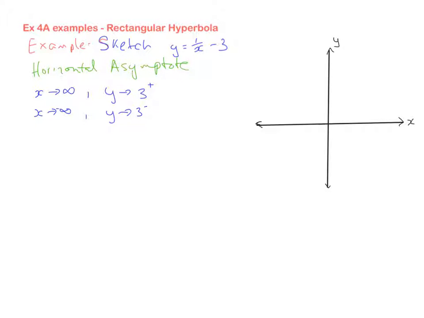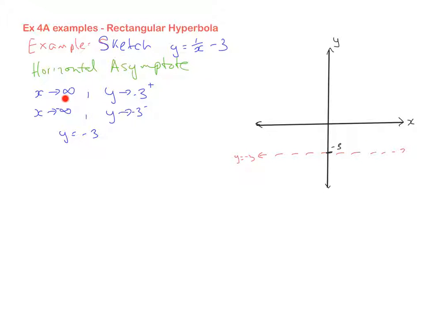So that means our horizontal asymptote is going to be y equals, oops, forgot that, negative 3. So there we go. So we've got our y asymptote. Now I'm going to just pause it and I'll draw in my asymptote. Okay, so I've just drawn in my asymptote over here.